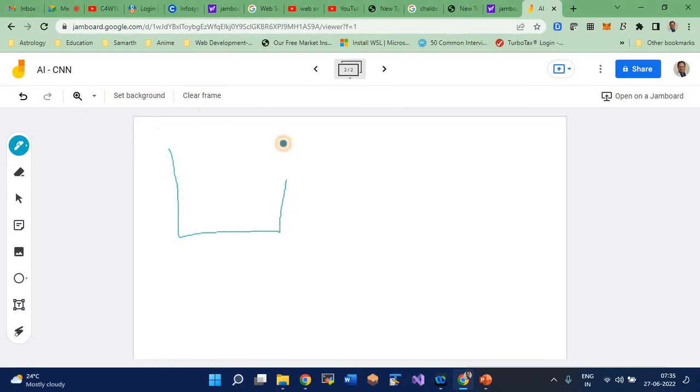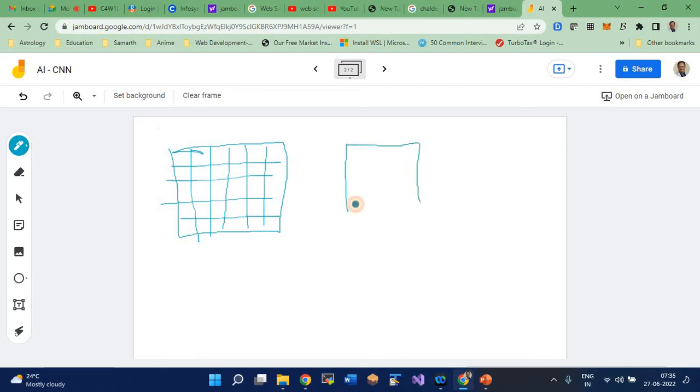I have an image which has some kind of inputs, right? And I need to identify some edges, vertical edges. For vertical edges I might take something like this, wherein it's a 3 by 3 filter.